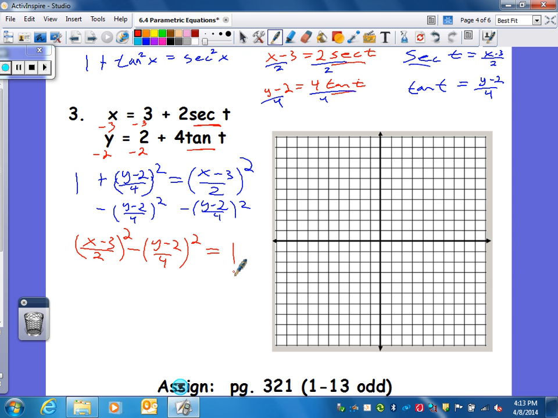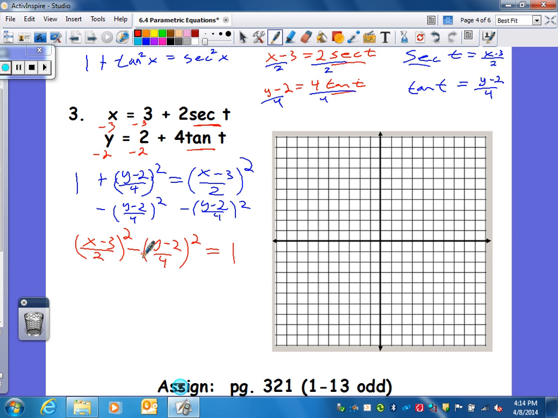This is a little bit different than what we were working with before. As you can see, we have a negative sign here instead of a plus, so it's going to be a little different.